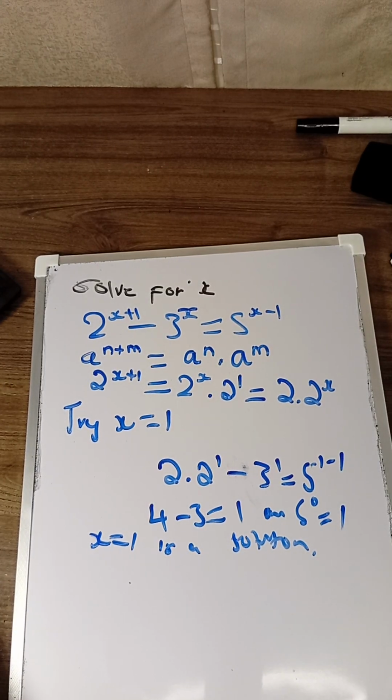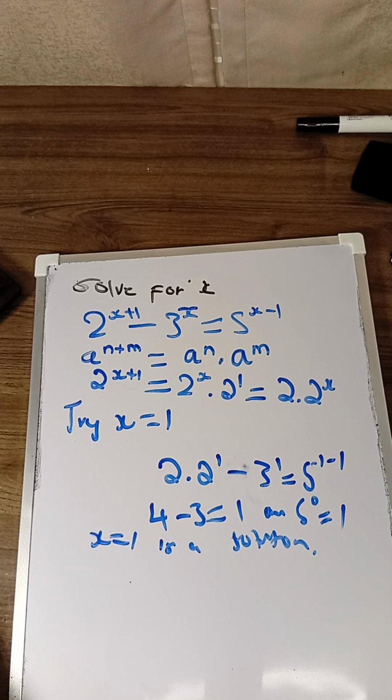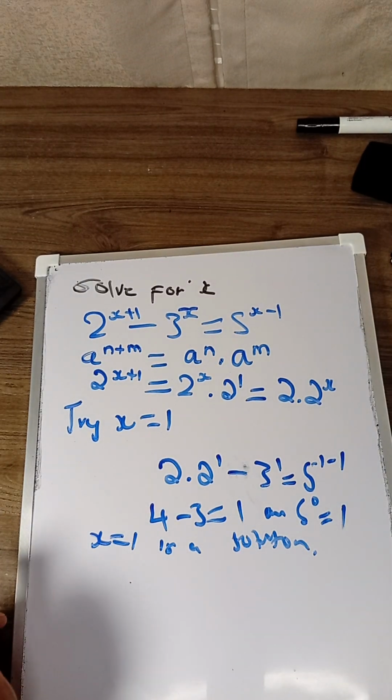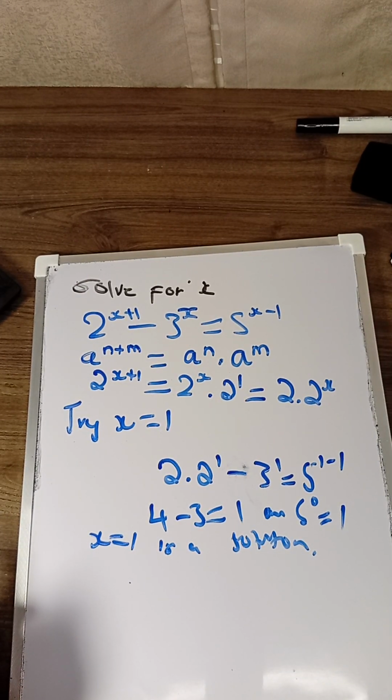So let's check other solutions. To check if there are any other solutions, let's consider how each term behaves for other values of x. 2^(x+1) grows exponentially as x increases, and then 3^x also grows exponentially but at a different rate. 5^(x-1) grows exponentially but its base is larger than 3 or 2.